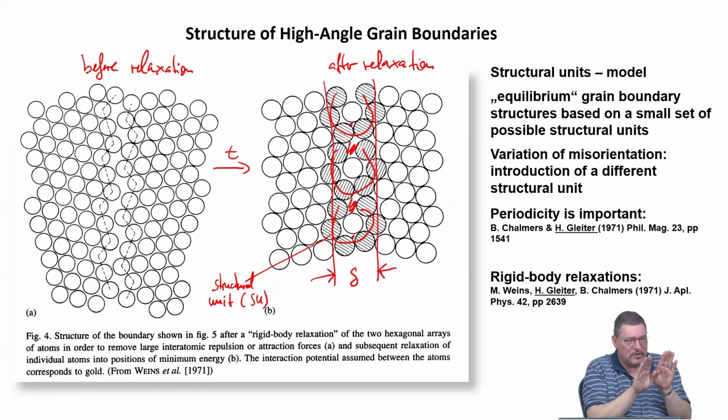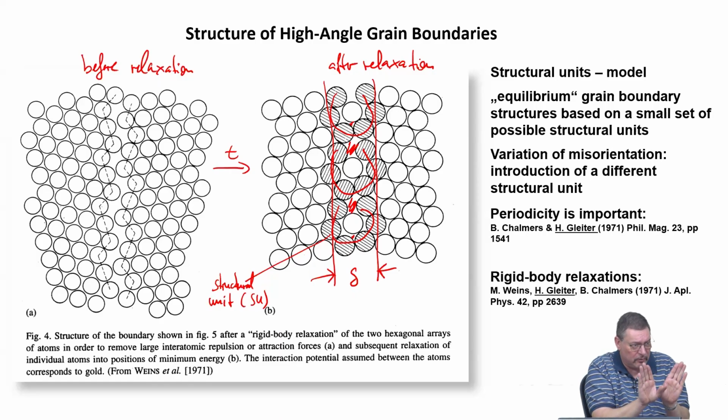It will be to a certain extent, and then you need a second structural unit which has different geometry. And if the difference, this is an ideal, like a highly symmetric misorientation, so you only need one structural unit in order to accommodate the misorientation and to have still a rather densely packed and highly ordered grain boundary zone.